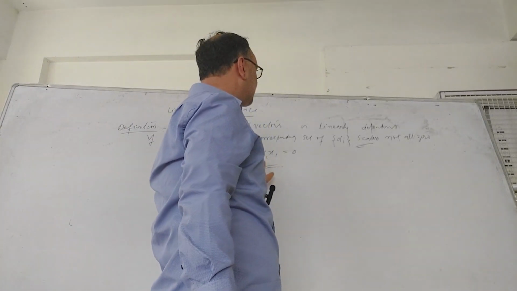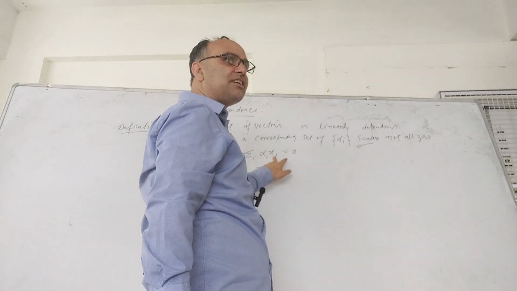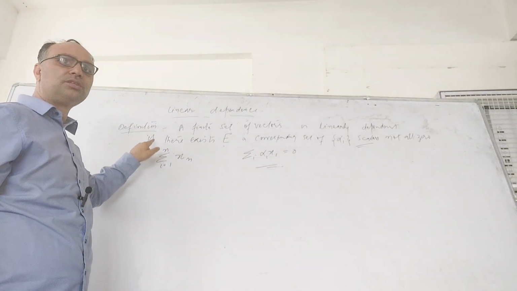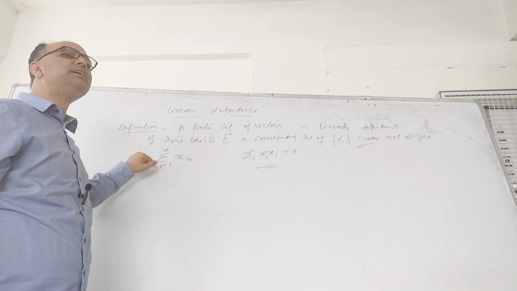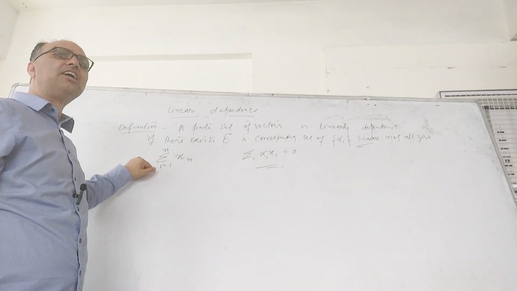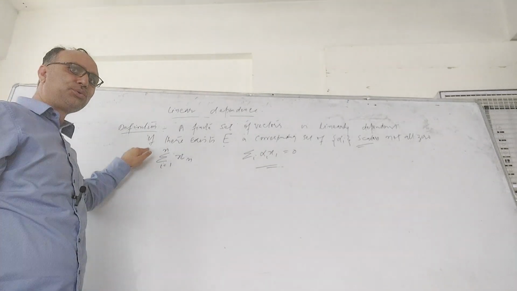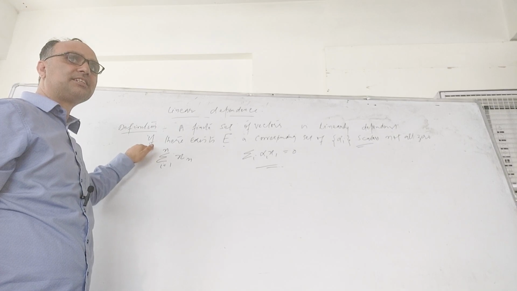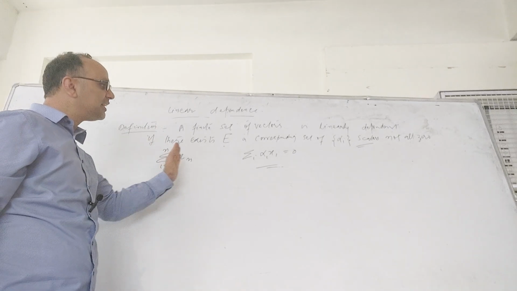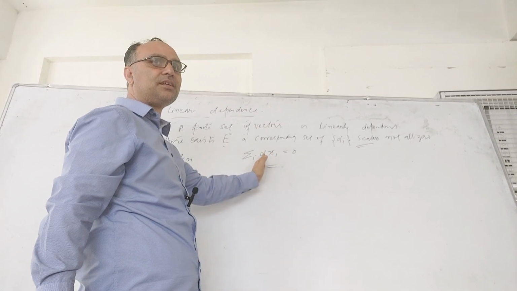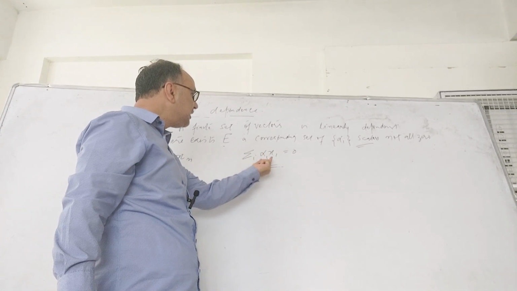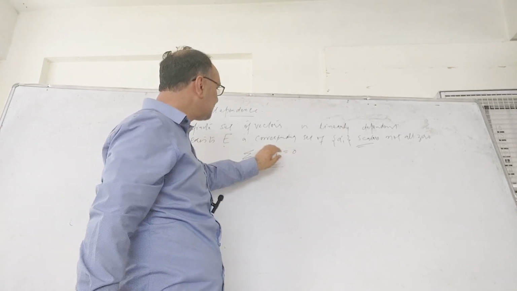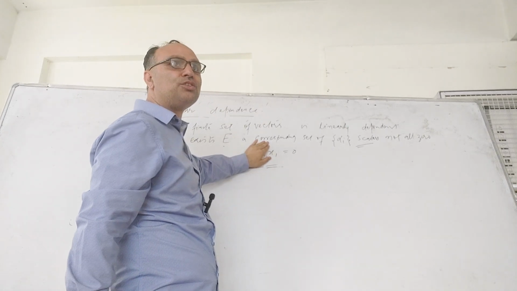If we multiply a scalar by each vector, with the vectors spanning from 1 to n, any finite number, in any finite dimensional vector space, and take the linear combination, then even if it is zero, it doesn't mean this alpha i is always zero.